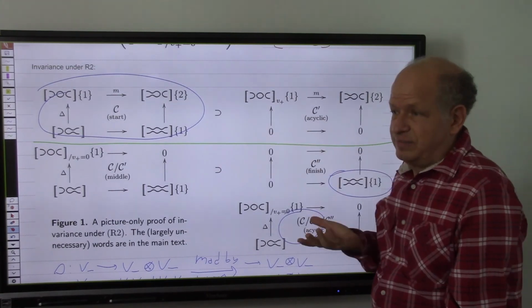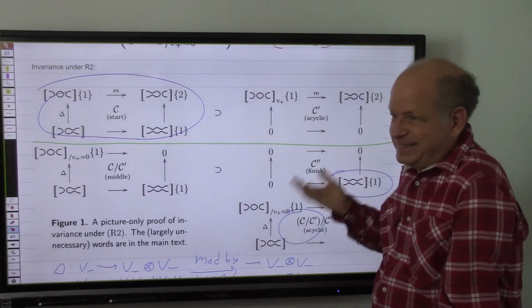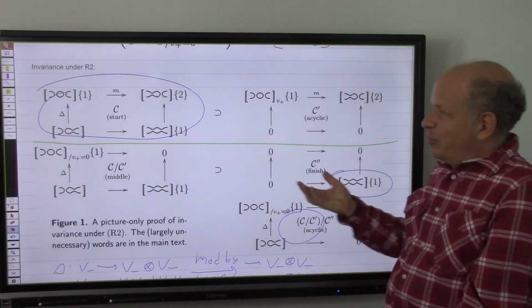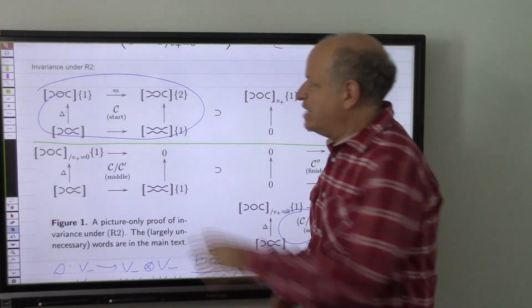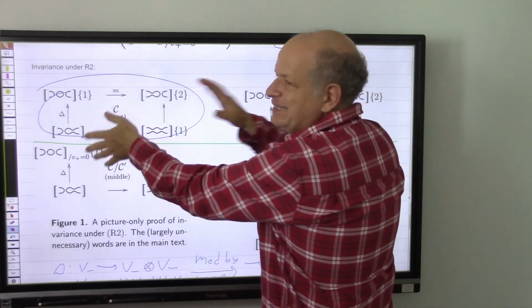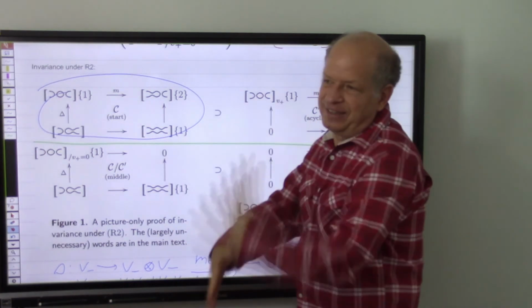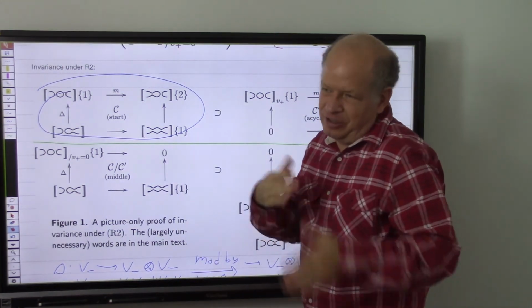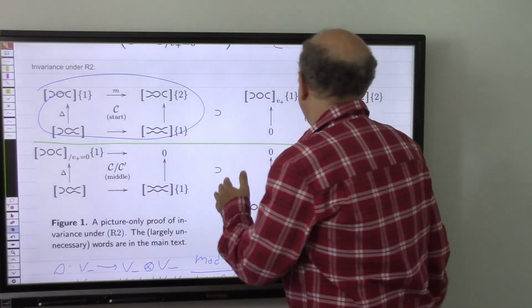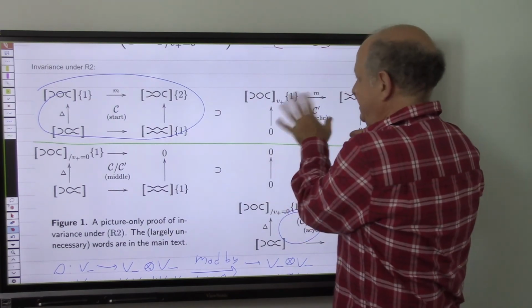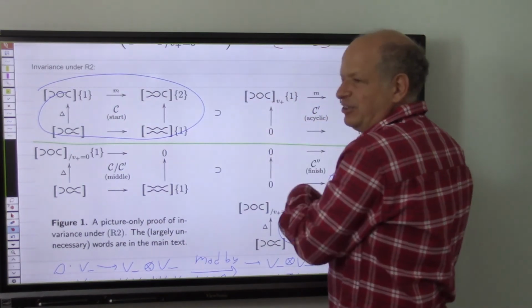That's exactly what the proof did, right? There was this big complex and I gradually cut off parts of it, in only 2 steps. First of all, I said this subcomplex is acyclic, I can cut it off.